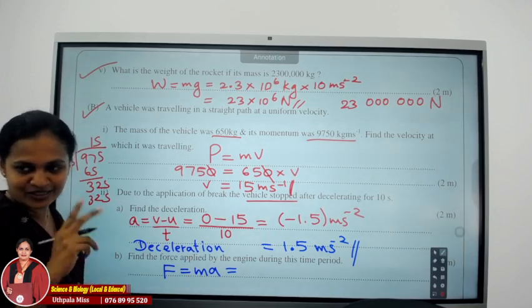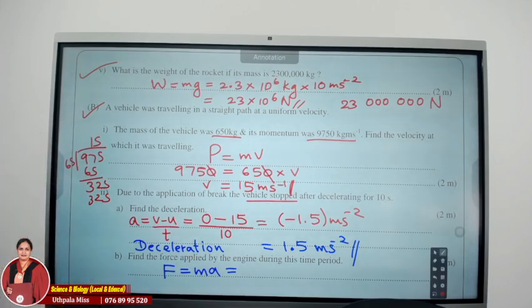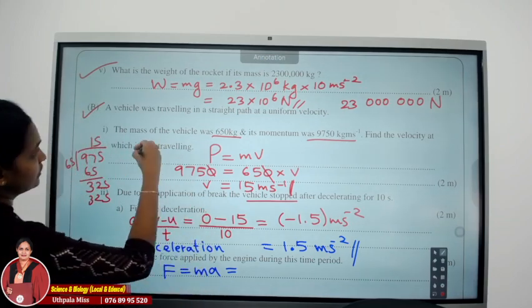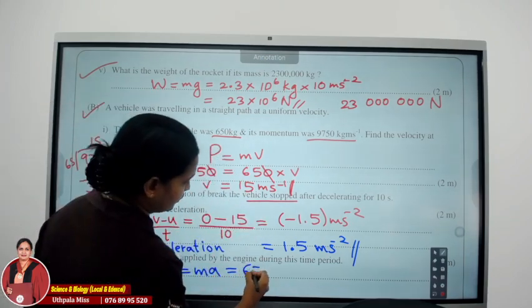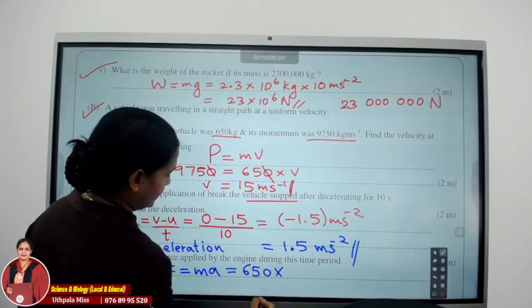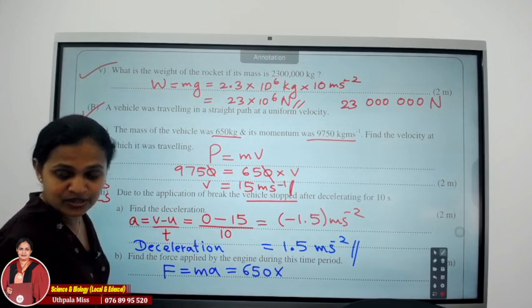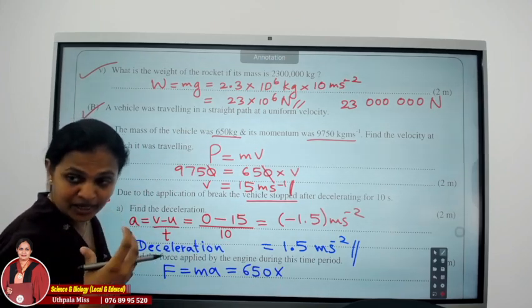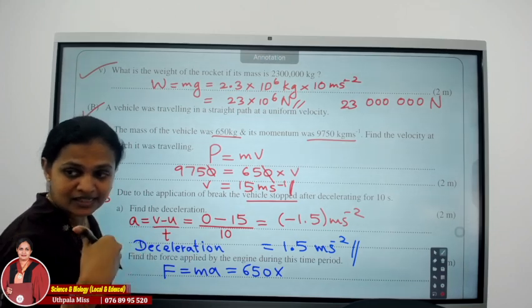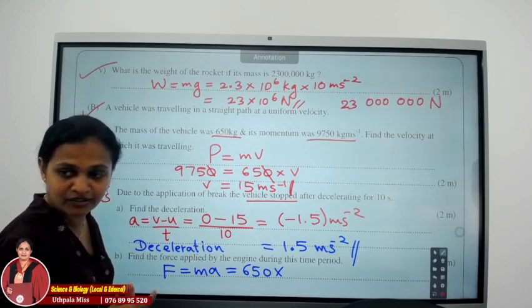We used all 3 equations in a single calculation. F equals ma, the mass of the vehicle is given as 650 kilograms. Then the acceleration, it is a deceleration, because you have learned that when an unbalanced force is applied against the motion, the object will be decelerated.